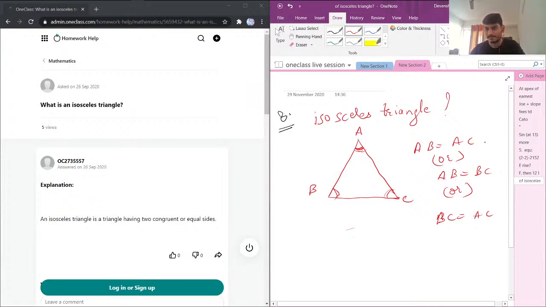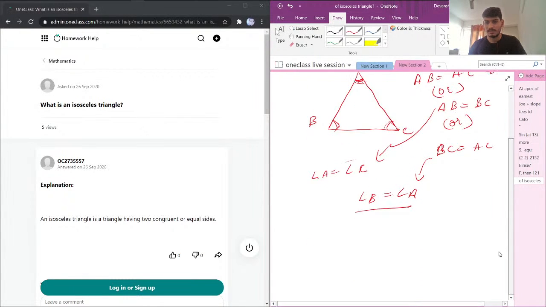So here we will be having angle at B equal to angle at C. In this case, we'll have angle at C and angle at A. And for this case we'll have BC equal to AC, so angle at B and angle at A. Yeah, so this is an isosceles triangle with two equal sides.